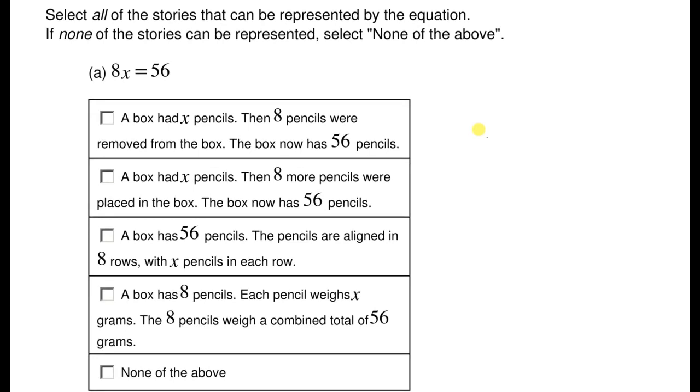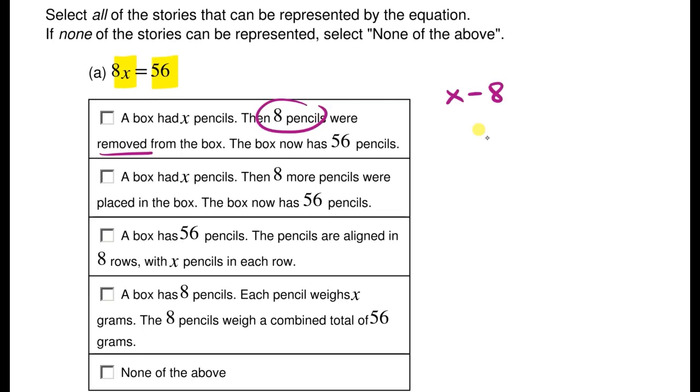So there's X pencils, okay, 8 pencils were removed from the box. So when we hear the term remove, we more likely think about subtraction. So X minus 8, and it's not matching with our equation because that is 8 times X. So this scenario A does not work.